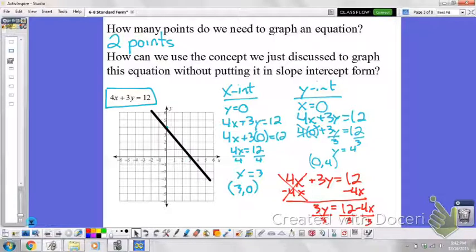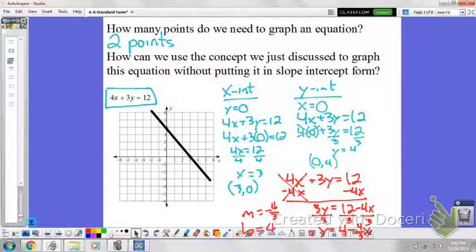The 3's on the left cancel out. I'm left with y equals 12 over 3, which is 4, minus 4/3 x. Now, this equation doesn't look like our normal y equals mx plus b because the x term is second. But that doesn't change anything. We can still find our m, which is negative 4/3, the number multiplying x, and our b, which is 4.